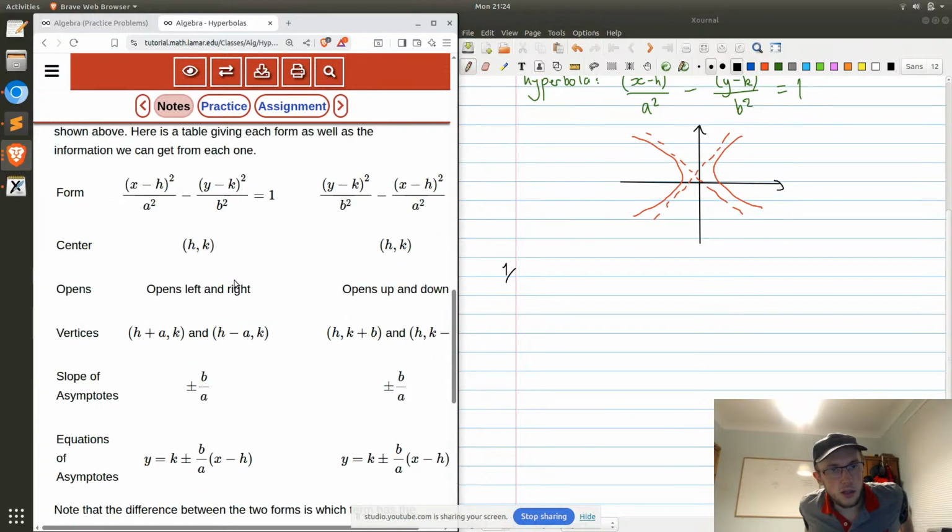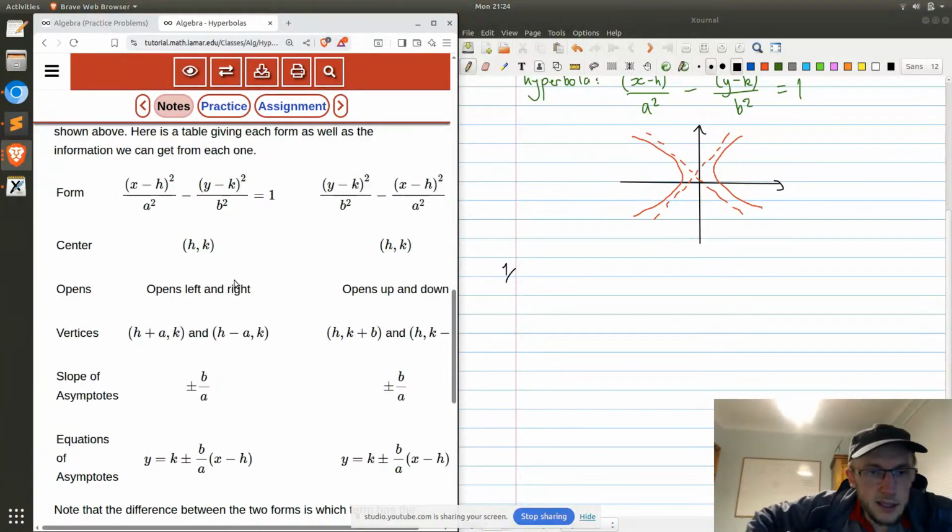Okay, the center is h comma k. That makes sense. And it opens left and right in that format. That makes sense. And the vertices are h plus a, comma k, and h minus a, comma k. That makes sense.